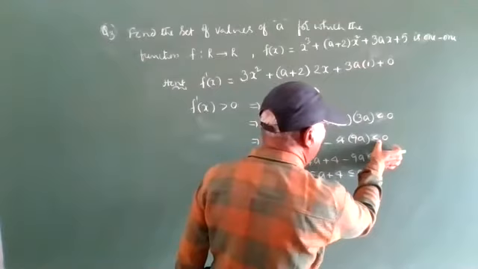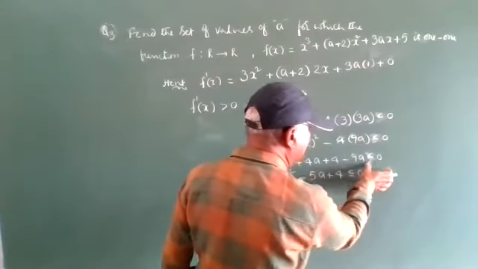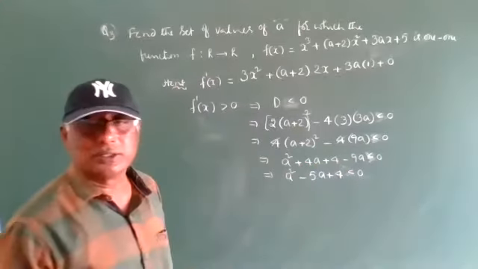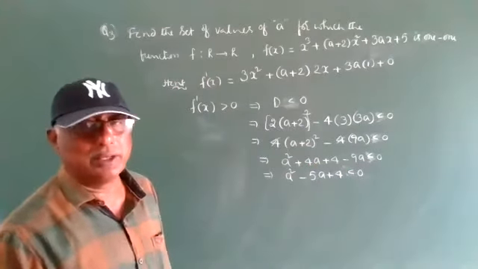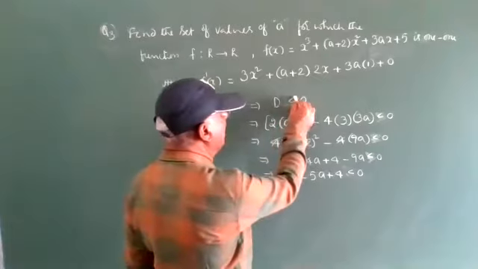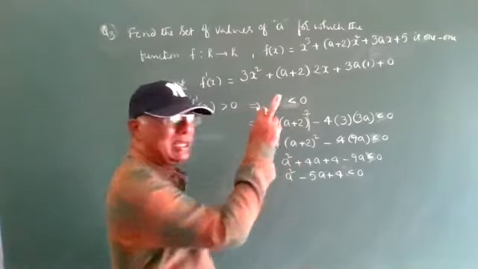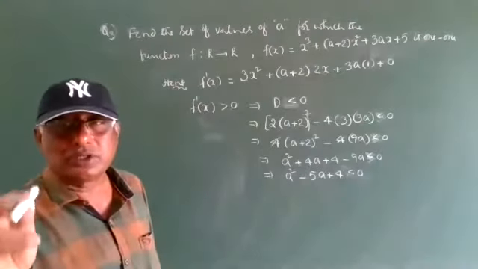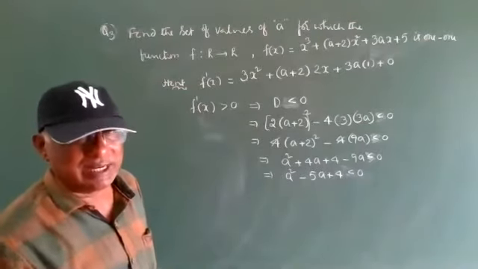So only less than should be applied. Opposite it should be remembered. This is the increasing function means the discriminant is less than 0. Always remember the opposite condition.